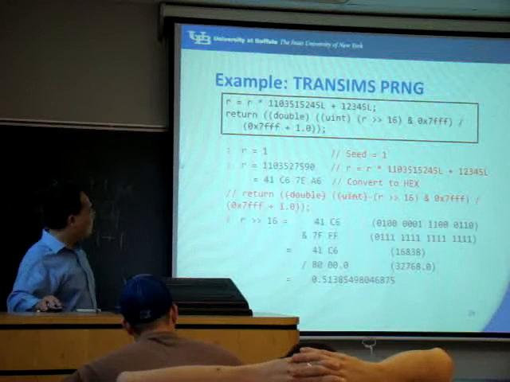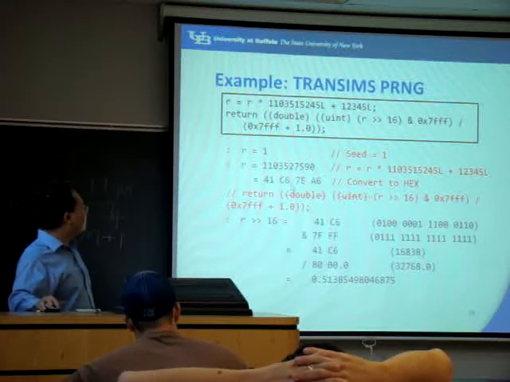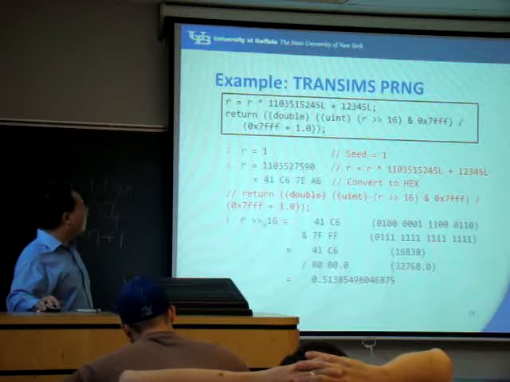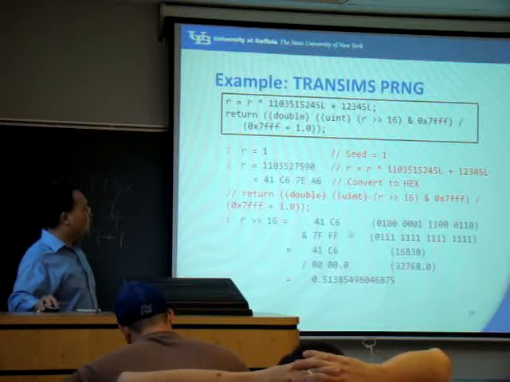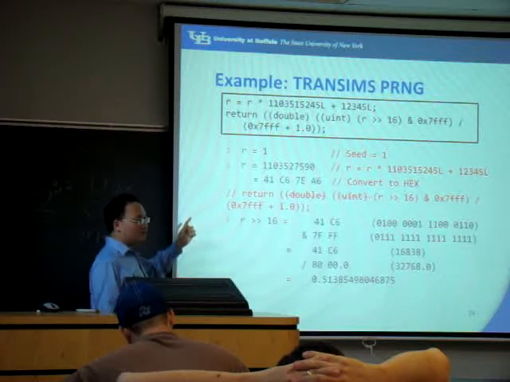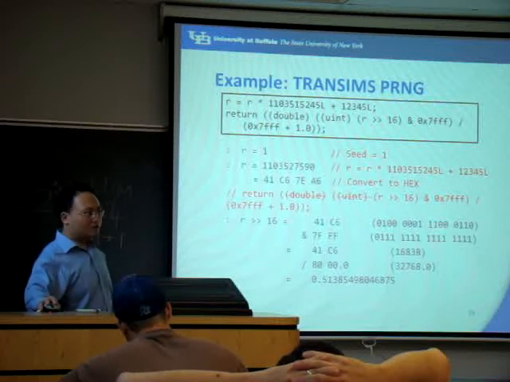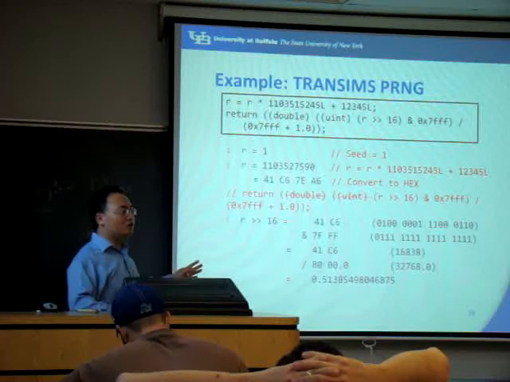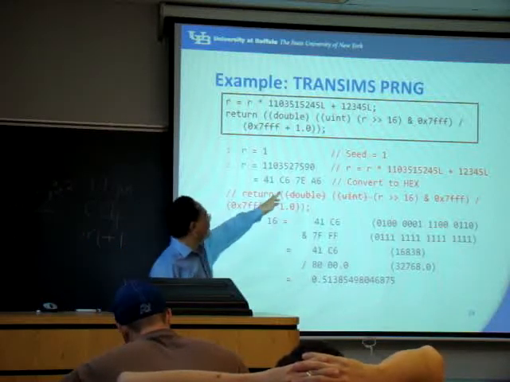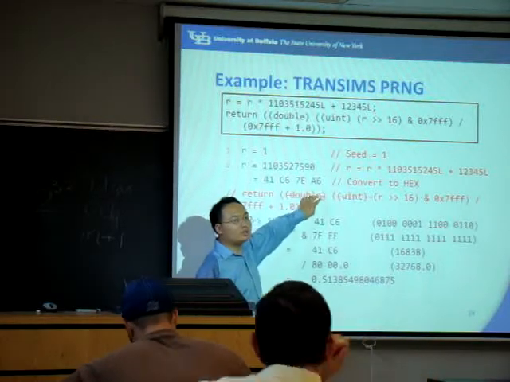And one thing you have mentioned is this right shift 16, and they divide it by 2 to the power of 16, which actually means they have a precision of only 16 digits. And why they do this is because, as I mentioned, in LCG the lower bits repeat themselves much more quickly.